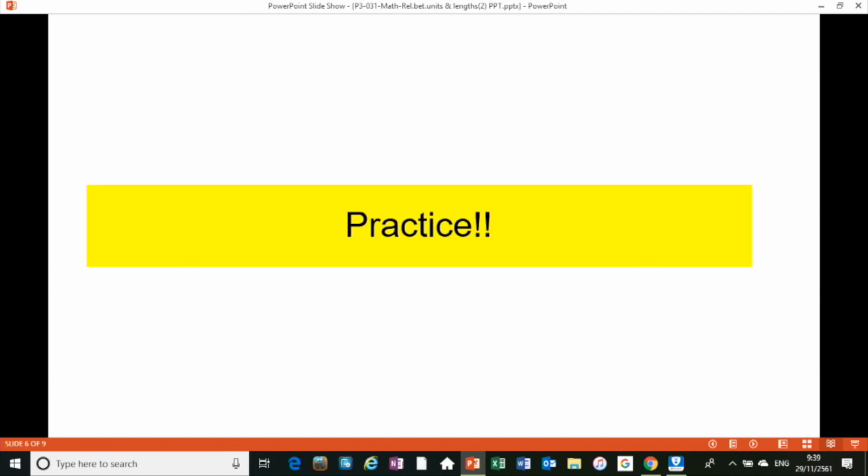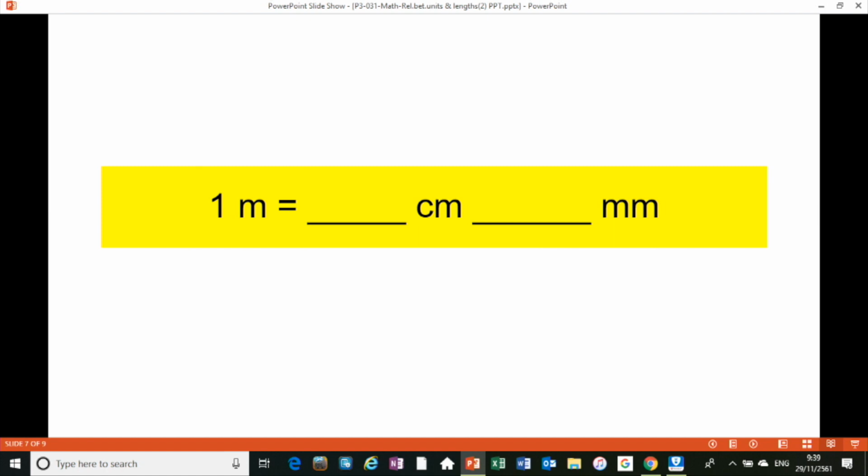Now let's practice. Let's see if we can work these ones out for ourselves. 1 meter. How many centimeters? 100 centimeters. 1 meter is 100 centimeters. And how many millimeters?